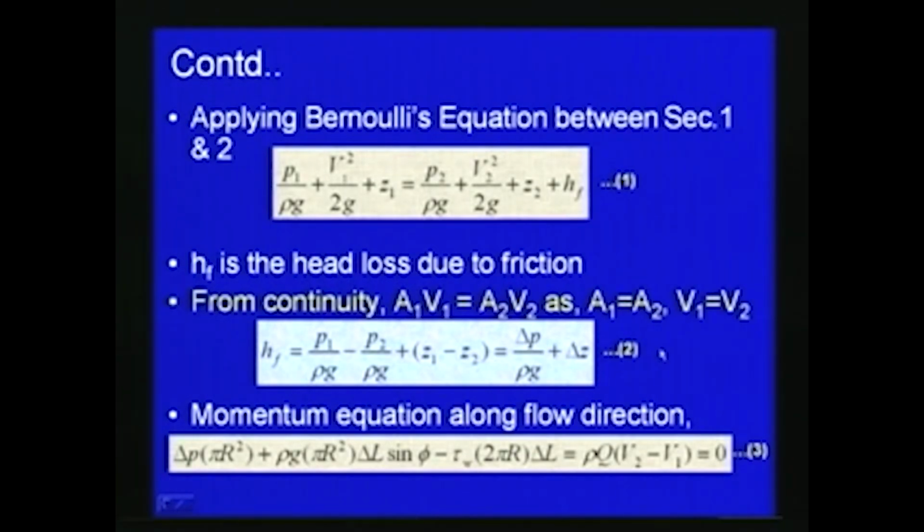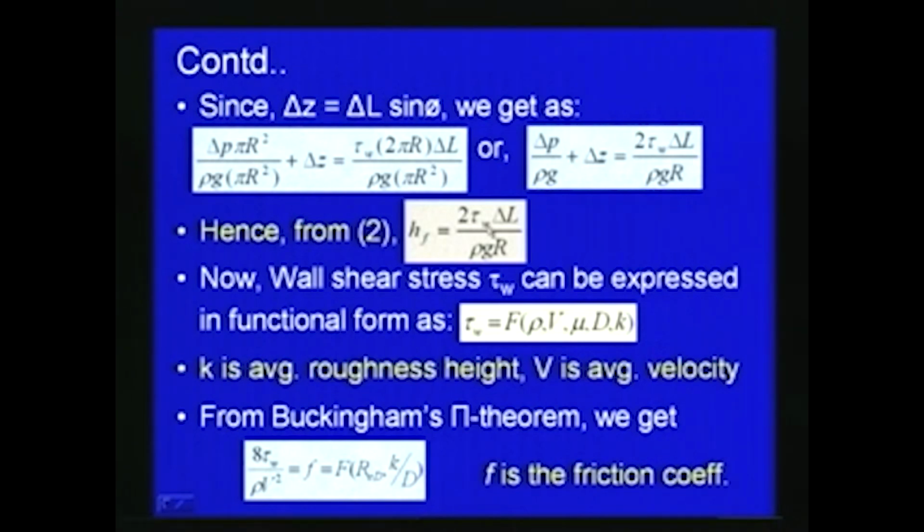So from equation number 2 we get hf equal to 2 tau w delta L by rho g r.